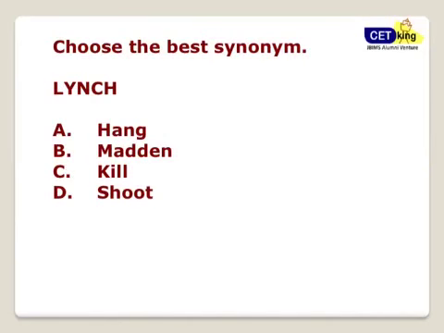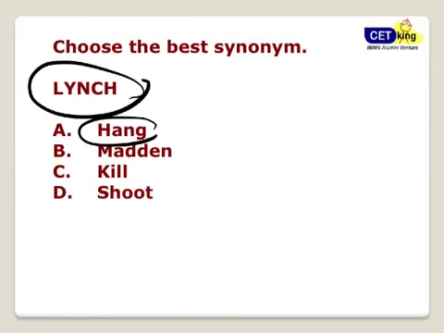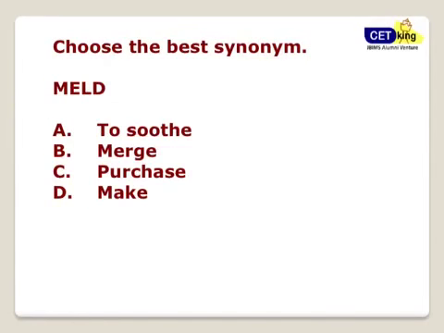Next word, lunge. If you don't know the meaning, don't guess it, because they are going to pick words where students like to guess. If I don't know the meaning, it might be to jump forward, to hold something or hang on to something, so I would have marked hang. But lunge is to kill. So these are the common traps.